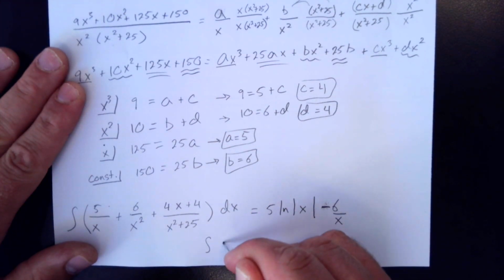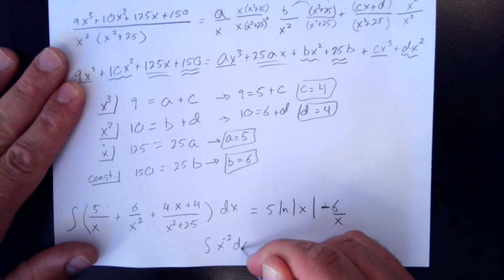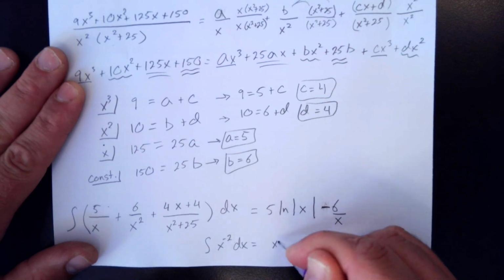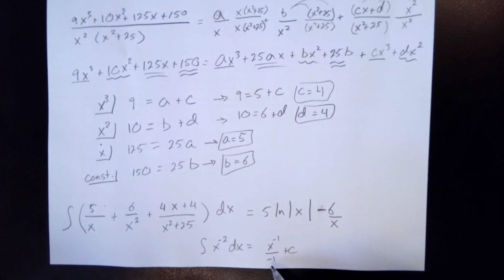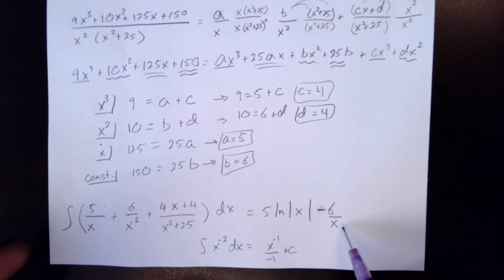Just in case you're wondering where that's coming from, it's x to the negative 1 divided by negative 1 plus c. So I can write that as negative 1 over x, and there's the 6 that's still there.